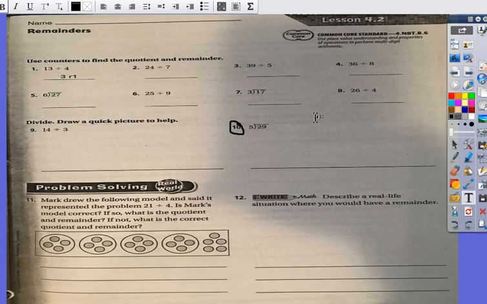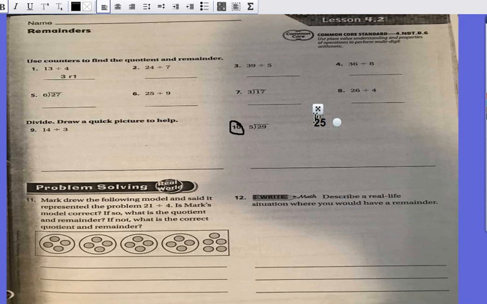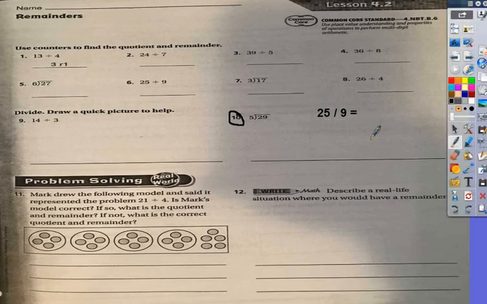If I have 25 divided by 9, that also means 25 is going to go on the inside of that bracket here. The bigger number always goes inside the bracket. So this means 17 divided by 3. That's just a rule of thumb on how you say that.